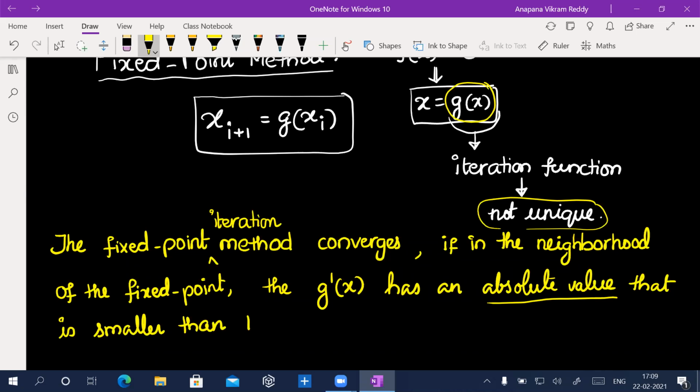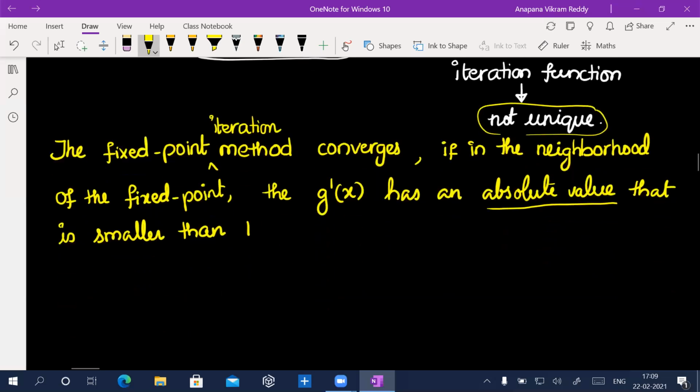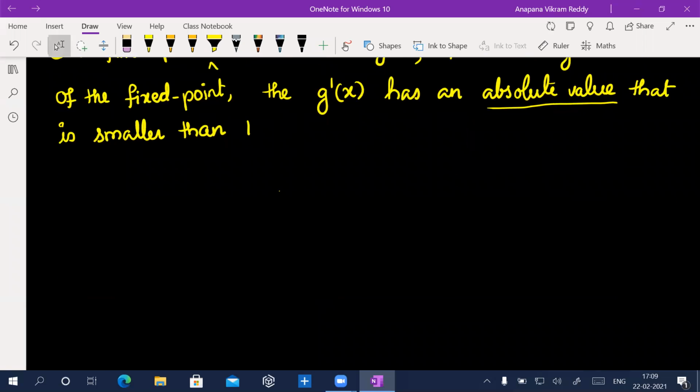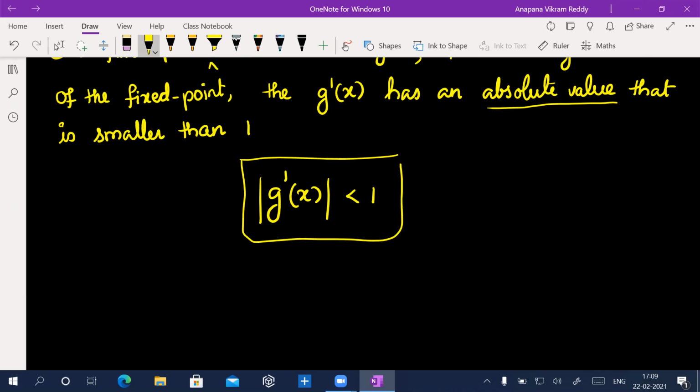That point is this: the absolute value of the first derivative of the iteration function, if this is less than 1 near the fixed point, then the fixed point method with this g of x will converge. I hope you're able to understand this.